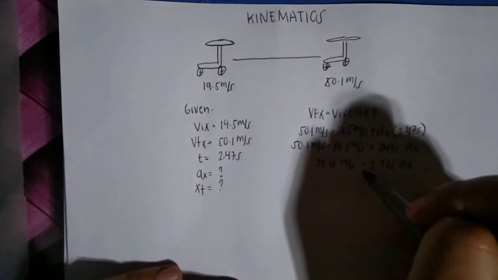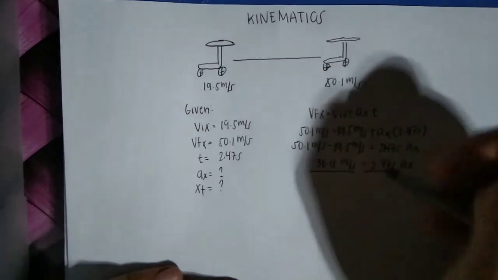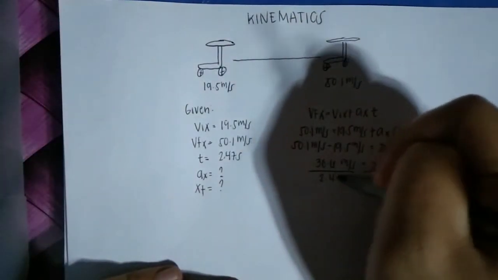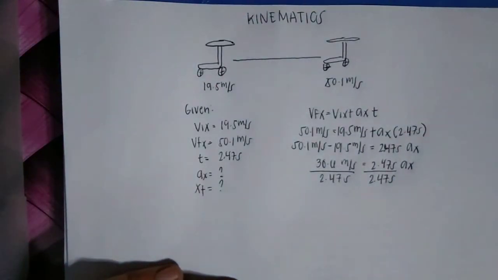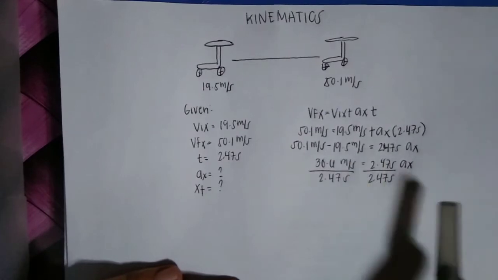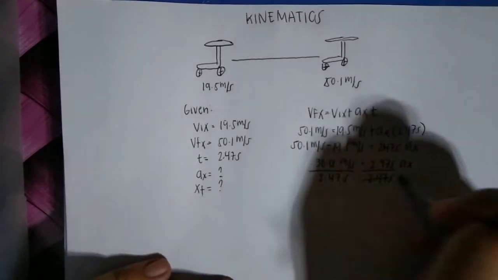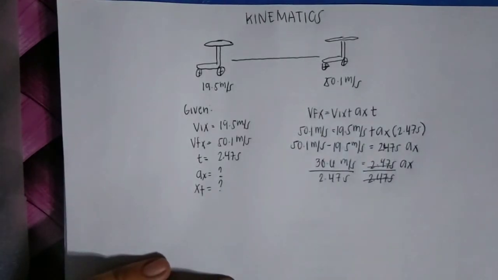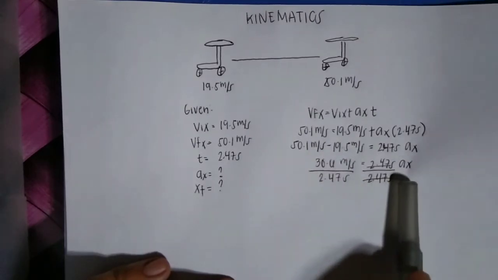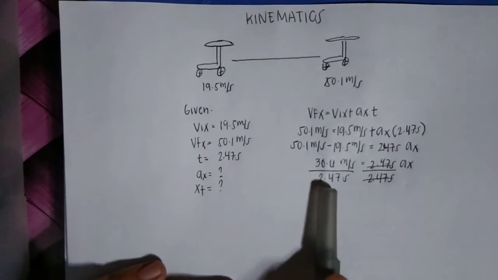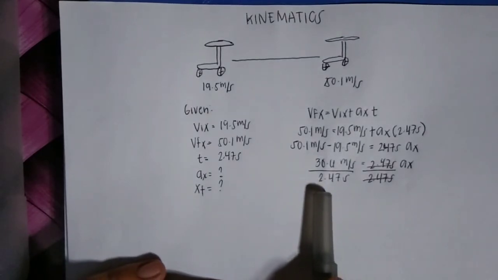So, let's do it. Divide natin sa 2.47 seconds yung both side. So, makakancel out yung nasa right side na 2.47 seconds na same. So, cancel out. Then, matitira na lang dun ay yung acceleration. Then, isolve na natin tong 30.6 meters per second over 2.47 seconds.